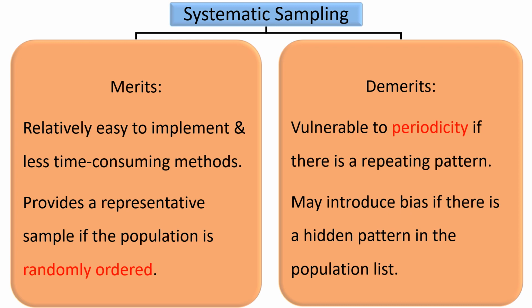On the contrary, there are disadvantages to using systematic sampling. It is vulnerable to periodicity if there is a repeating pattern.